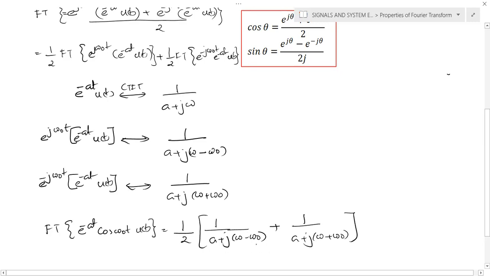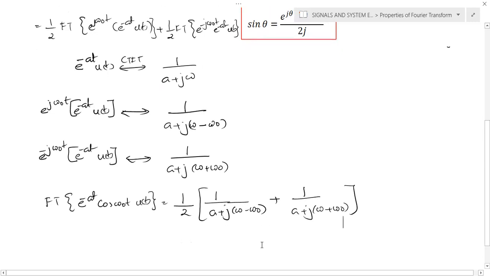Now if you take the LCM of these two quantities, it becomes 1 by 2, and in the numerator it becomes 2 times a plus j omega, and in the denominator it's a plus j omega the whole square plus omega 0 the whole square.